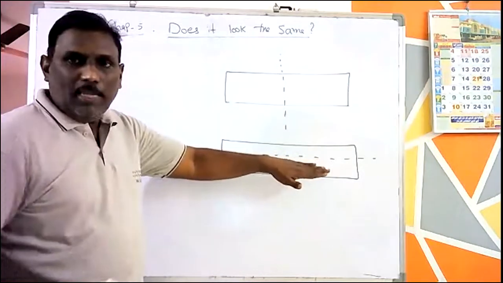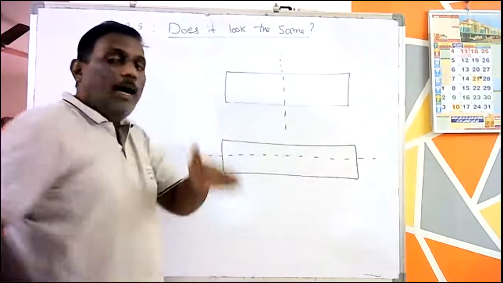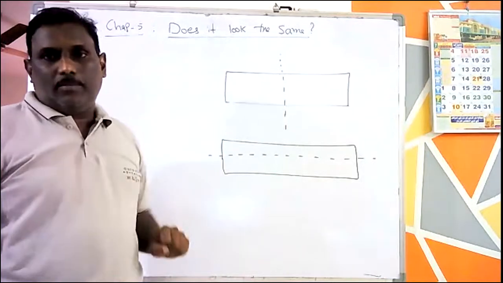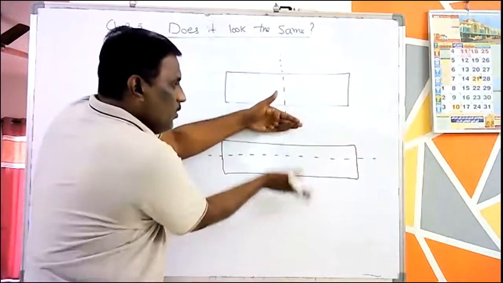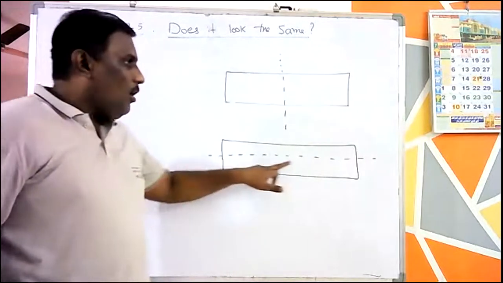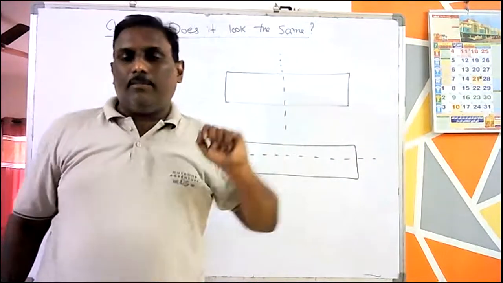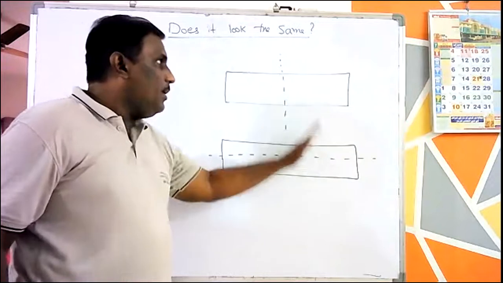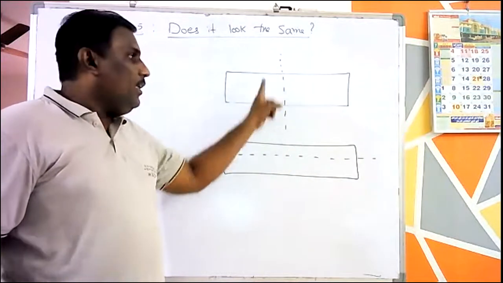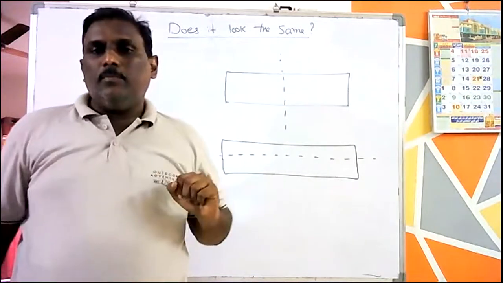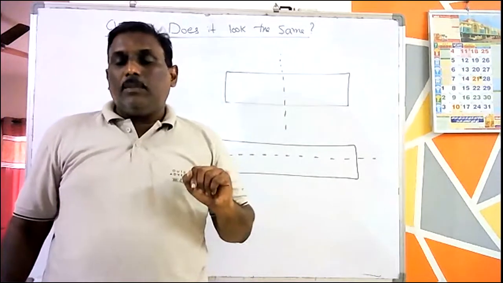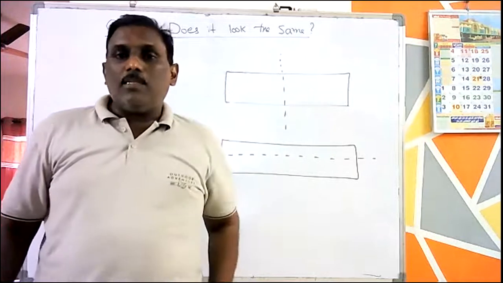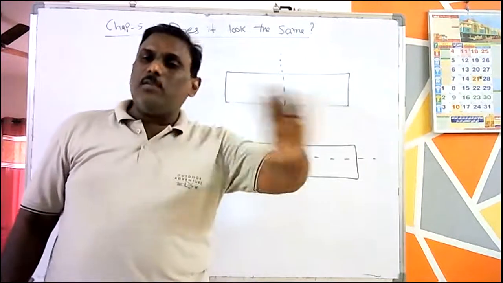You can fold like this. This is called the horizontal symmetric line. This has both horizontal symmetry and vertical symmetry. Some pictures will have only one, some pictures will have both, and some pictures will have none.